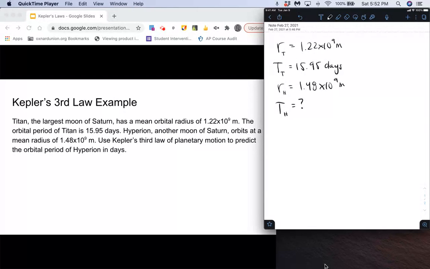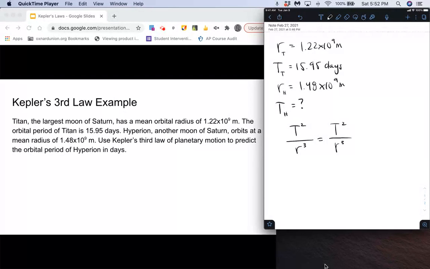So what we get here for Kepler's third law, I know that period squared over radius cubed will equal period squared over r cubed for another planet that's orbiting the same central body. In this case, our central body is Saturn.